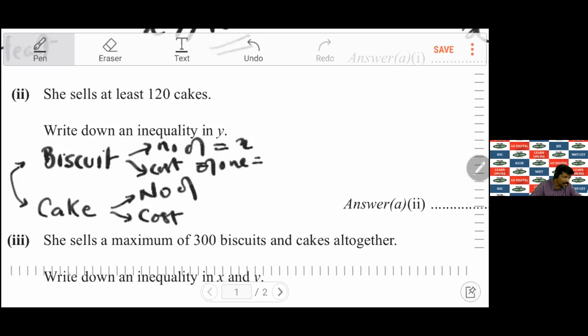So what is the cost of that? It might be 500, 5,000, 50 rupees, or 499.99. It might be anything. See, you have to use your head. We are into a sum, so you should tell me what is the cost of the biscuit.